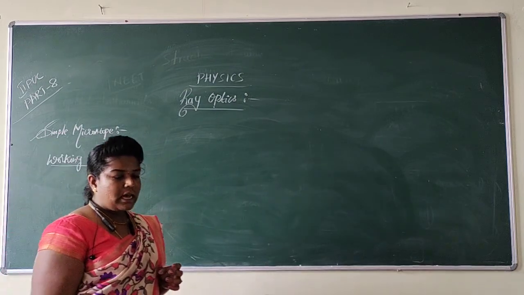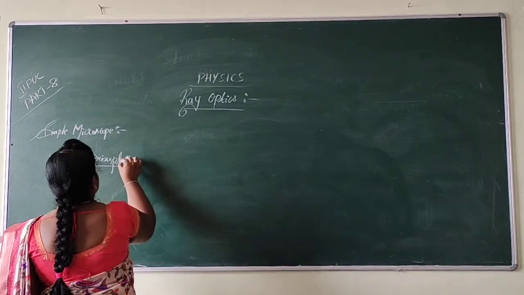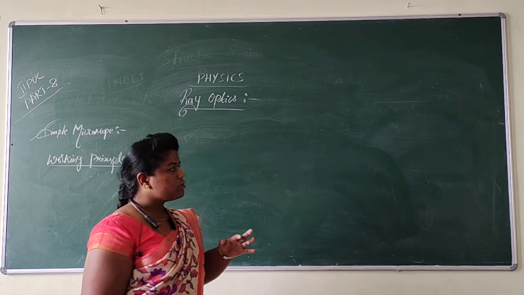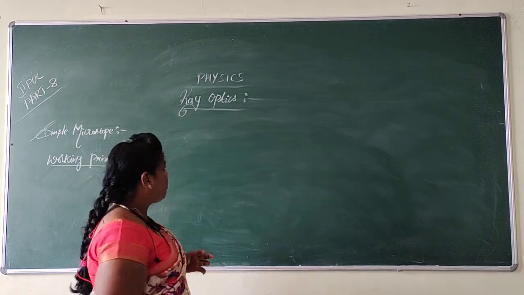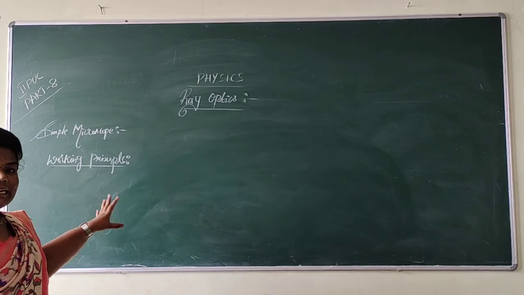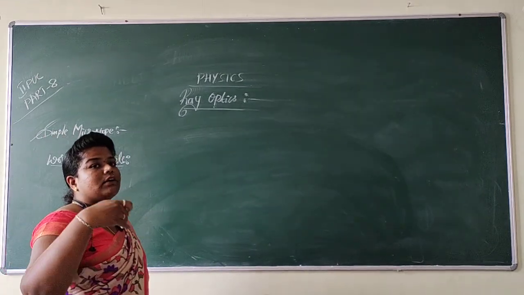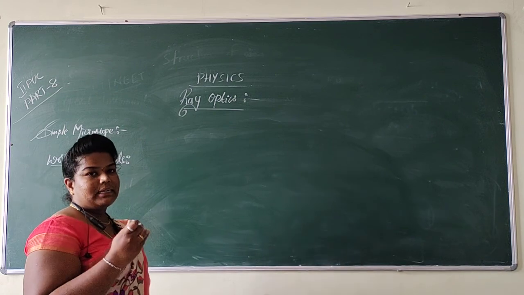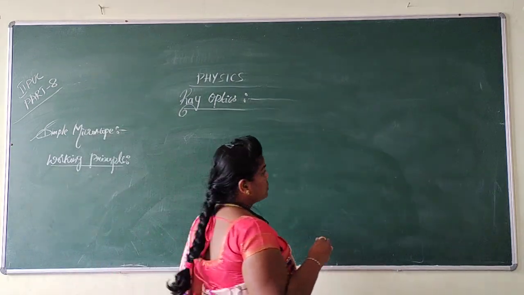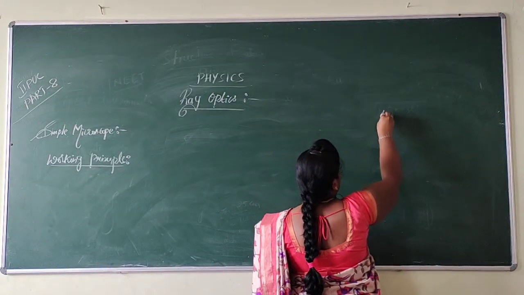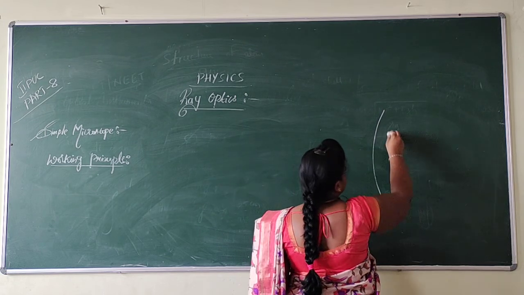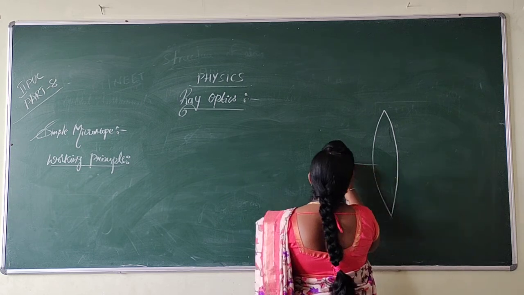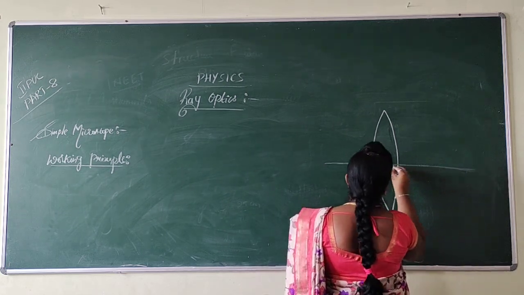As I said in the ending, we should discuss the working principle and deduce the expression for linear magnification for the convex lens, for the simple microscope, when the image is formed at the least distance of distinct vision. I am just using a convex lens here. This is an important diagram, so you should write it carefully.